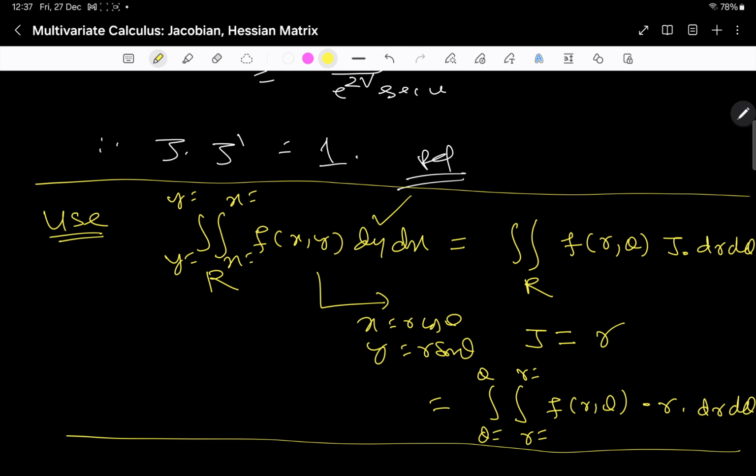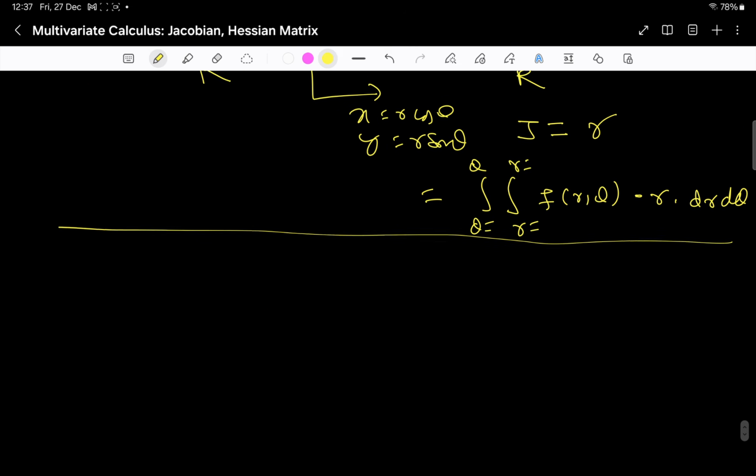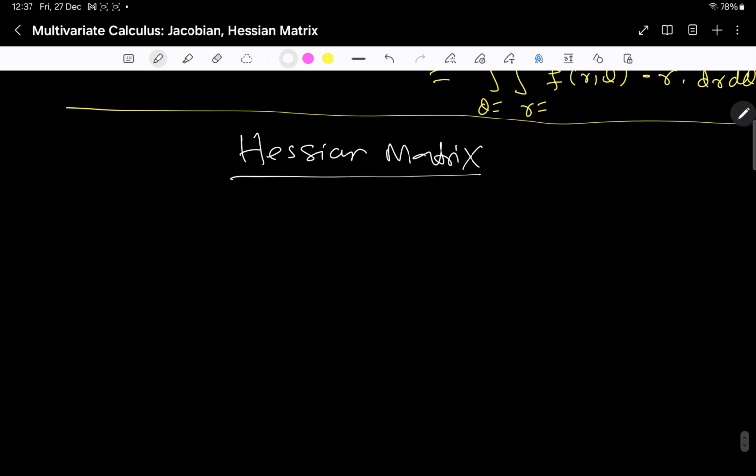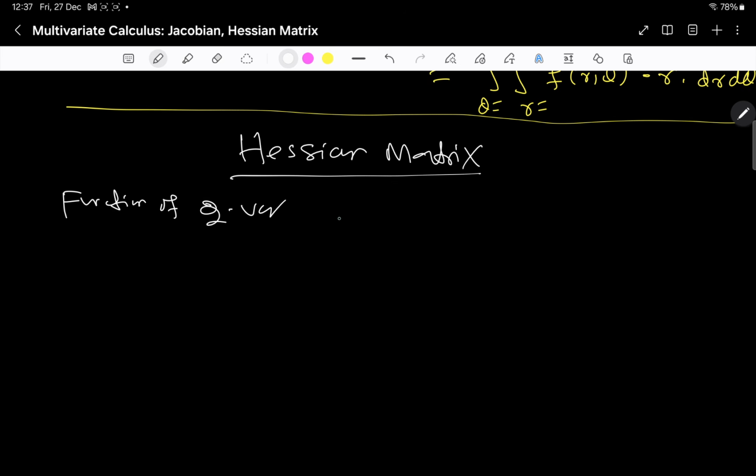Now next, coming to the Hessian matrix. Suppose we have f as a function of two variables, x1 and x2. What is the Hessian matrix H, or I write it as H of x1, x2?